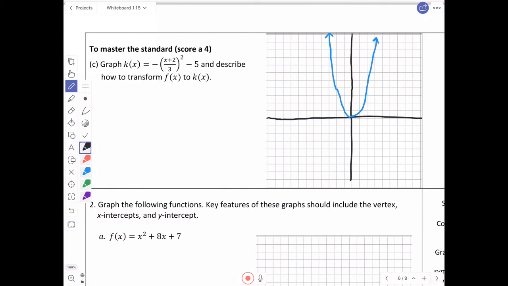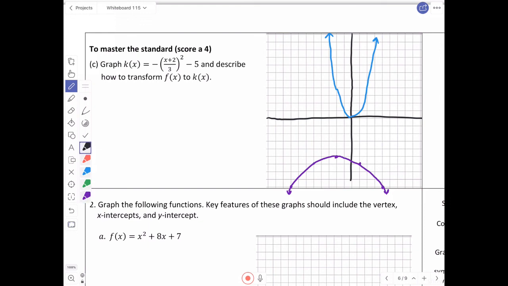So I'm going to flip it over. I'm going to go left 2. I'm going to go down 1, 2, 3, 4, 5 to right there. And it is stretched out by a factor of 3. So there's my graph right there.